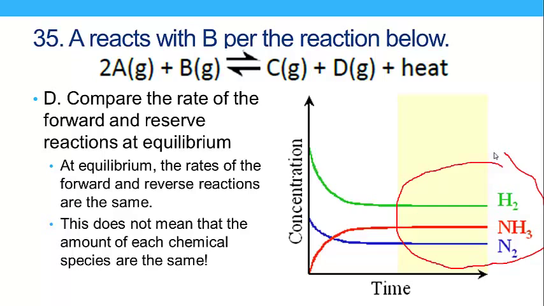So here we see this is with the reaction between hydrogen and nitrogen in order to form ammonia. So in this case, we're going to end up with more hydrogen and ammonia than nitrogen. So I know it's in equilibrium because they're constant, but it doesn't mean that they have to be equal to each other.